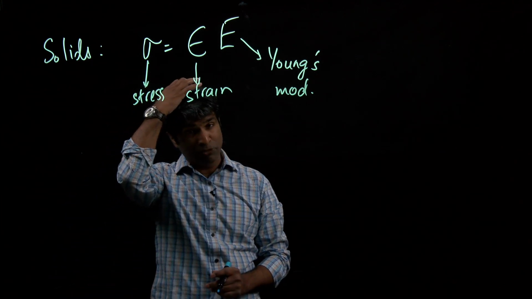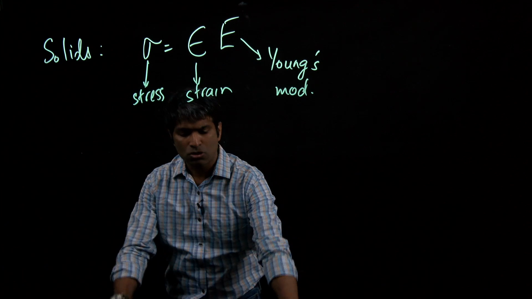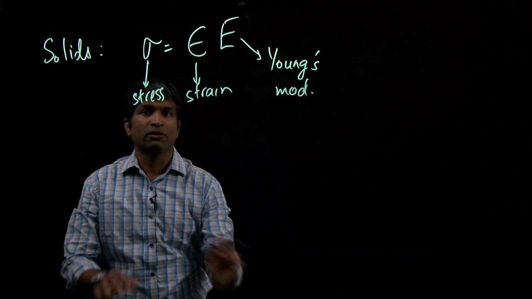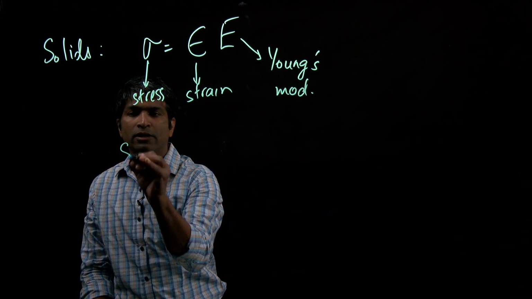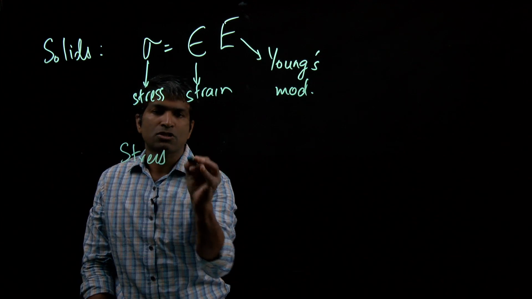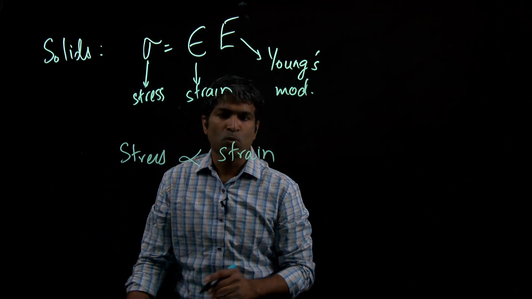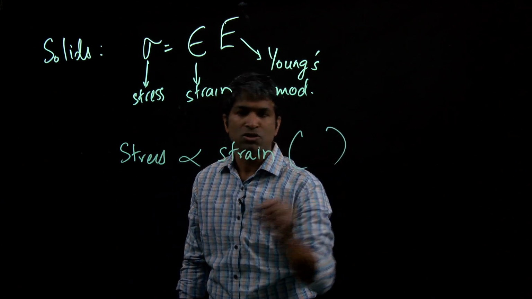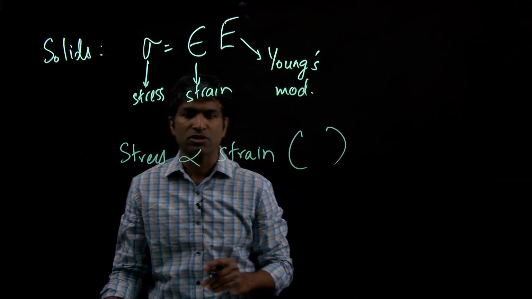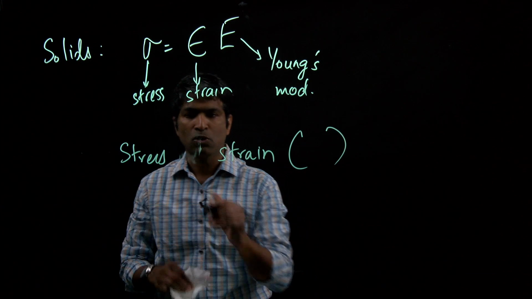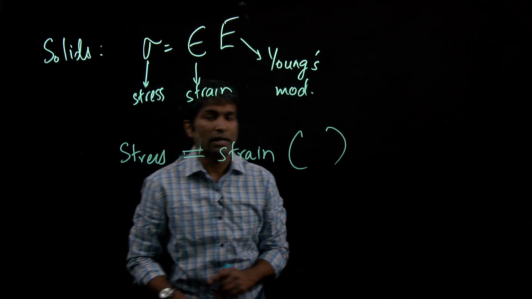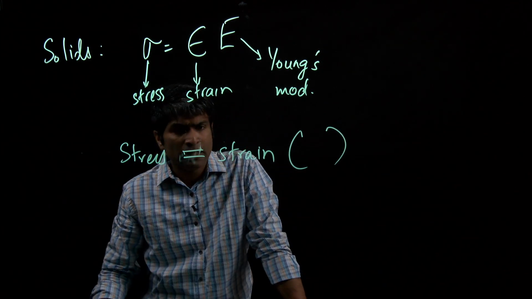We are going to do the same thing here now for fluids. So what we are looking for is something very similar. We are trying to say if stress is proportional to strain, then what is that proportionality constant, so that I can replace the proportionality by an equal sign.